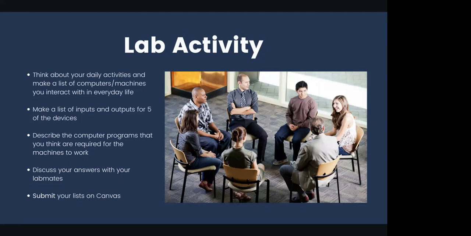So it would be best if you stick to devices that aren't necessarily cell phone or computer, because we'll talk about those later on. These are devices that can run multiple programs. They're different from everyday appliances, which are pre-programmed to do one specific task. Great question. Thank you.